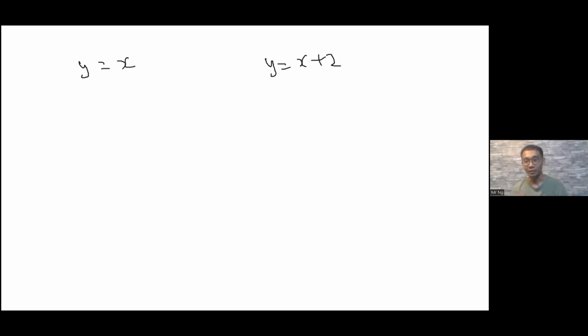So based on those four scenarios, and even reflection as well, so six scenarios, I can generalize it to say that transformation is all about keeping the x value the same and changing the y value, or changing the y value while keeping the same x value. So I will discuss based on that perspective.